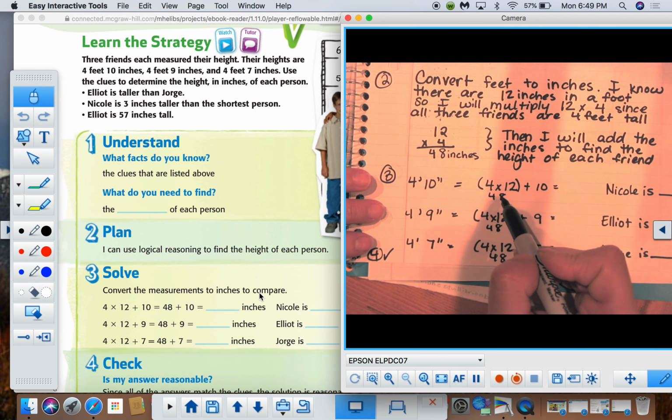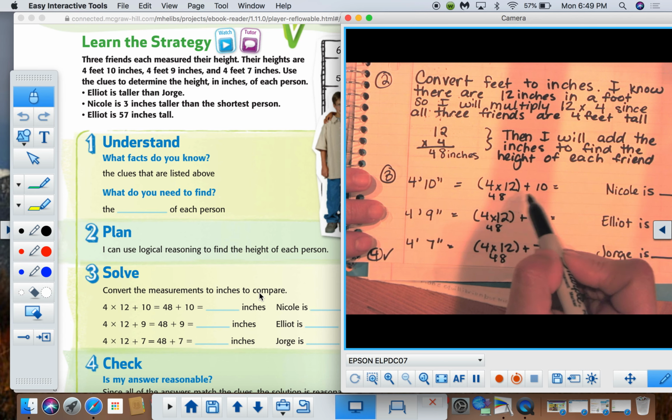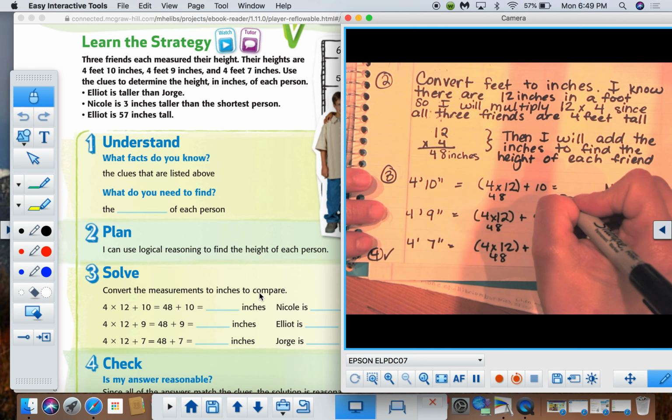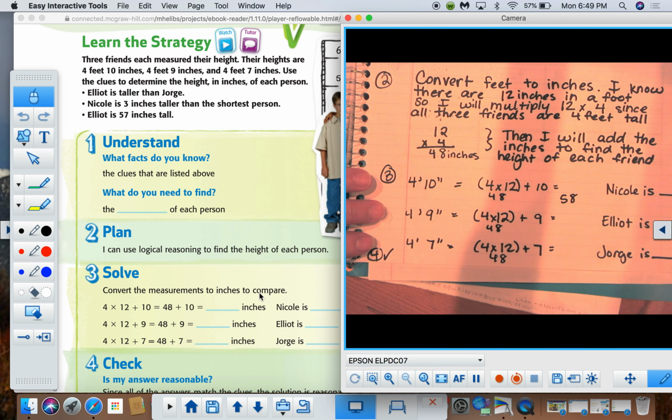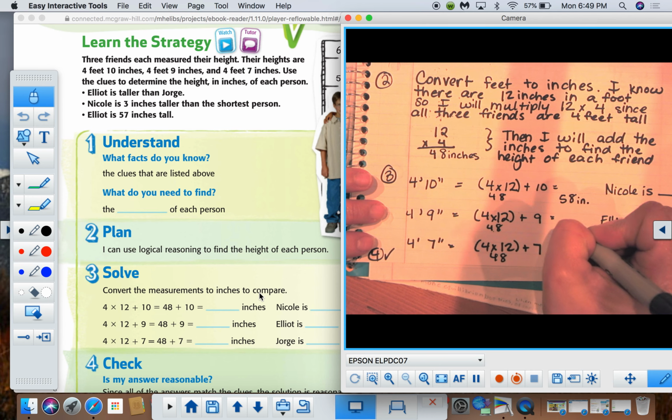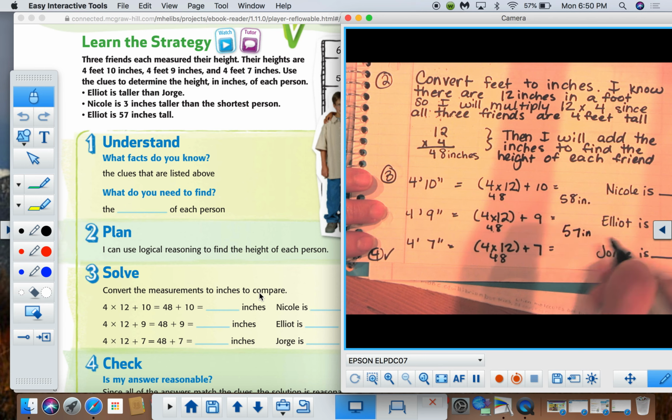So here I'm going to add 48 plus 10 is 58 inches. 48 plus 9 is 57 inches. And 48 plus 7 is 55 inches.